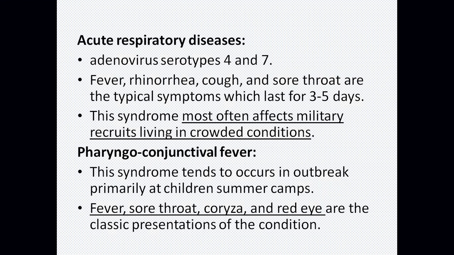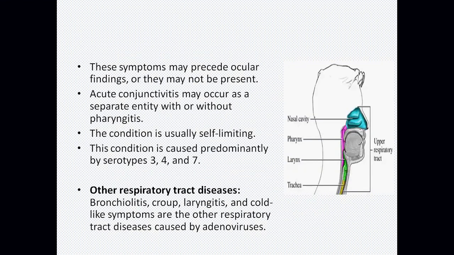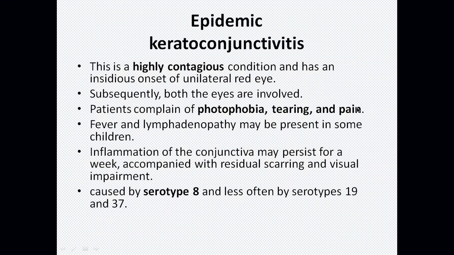Outbreaks have been reported of red eye with fever, sore throat and coryza, particularly due to adenoviruses. So there may be an association of these adenoviruses with other upper and deep respiratory infections and also eye infections.